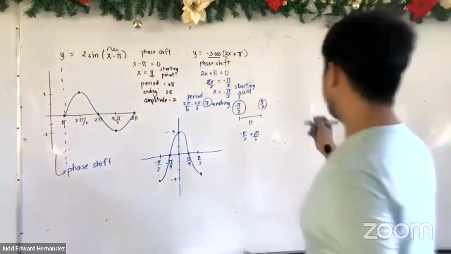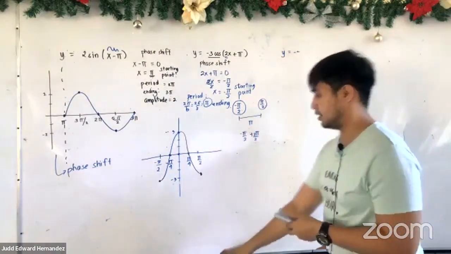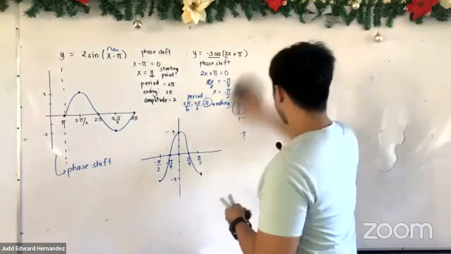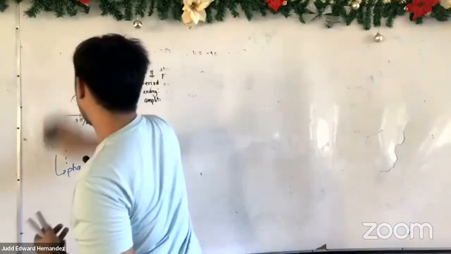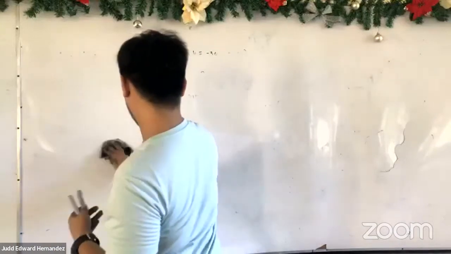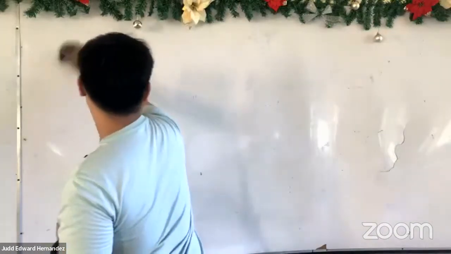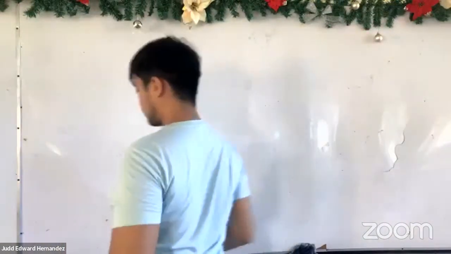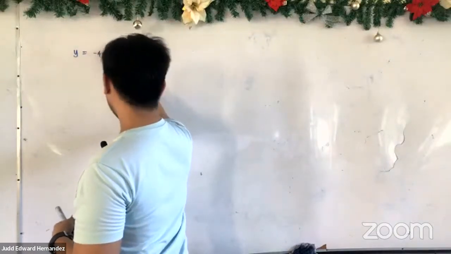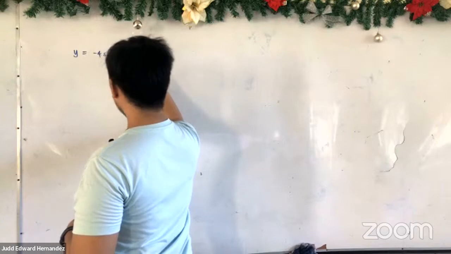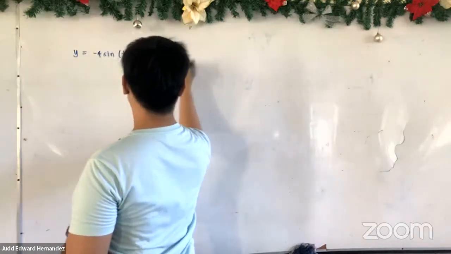Okay, so let's now have y is equal to negative 4 sine 1/2 x minus pi over 2 plus 5.